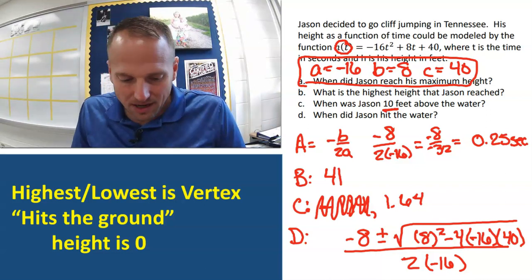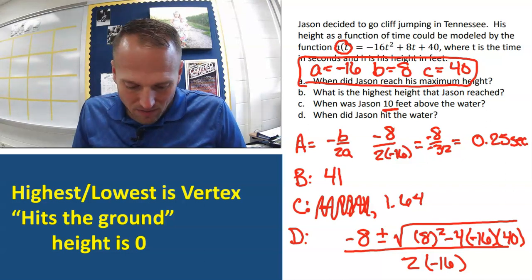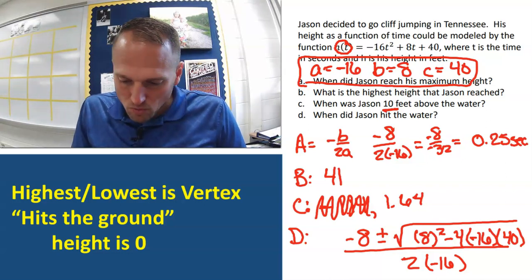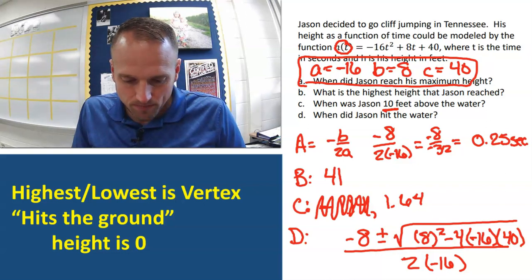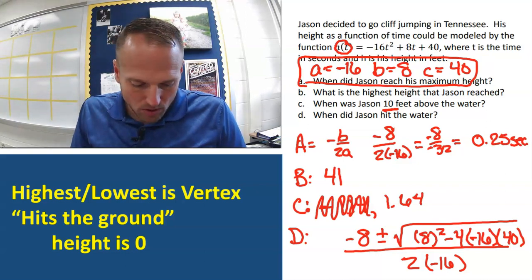Actually, it's going to take me a second, I just deleted everything. Negative 8 plus the square root of 8 squared minus 4 times negative 16 times 40, all over negative 16 times 2.